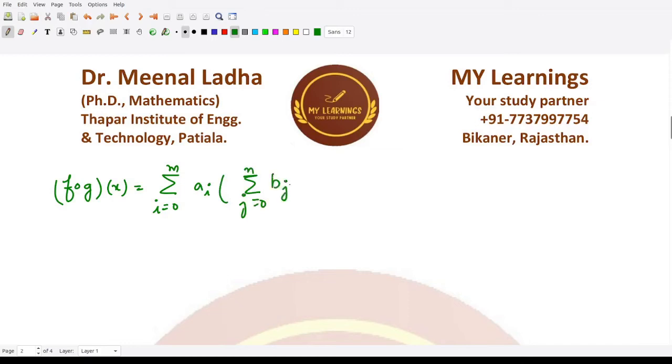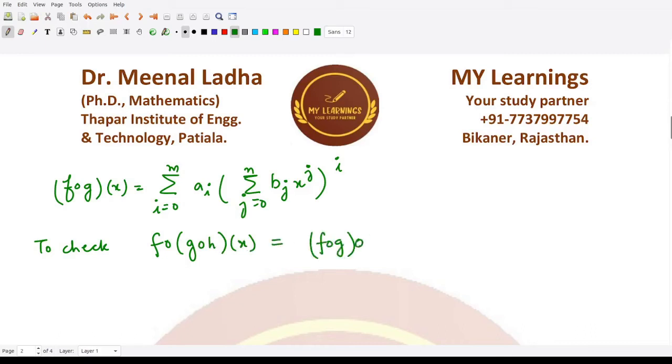Here also we are changing the index. So this is what we have. Now we wanted to check whether (f o g) o h of x is equal to f o (g o h) of x or not.